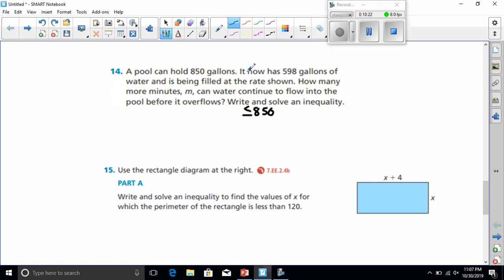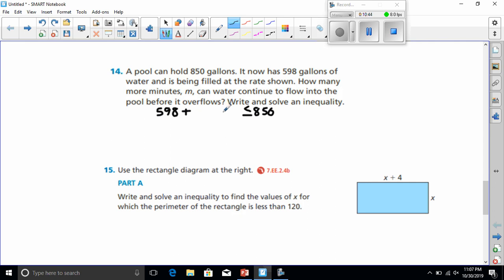It says it now has 598, so 598 is going to be added to something. We have to figure out, it says how many more minutes.